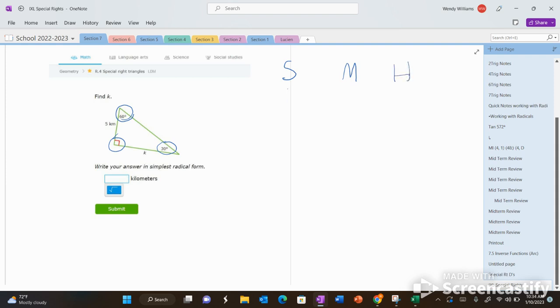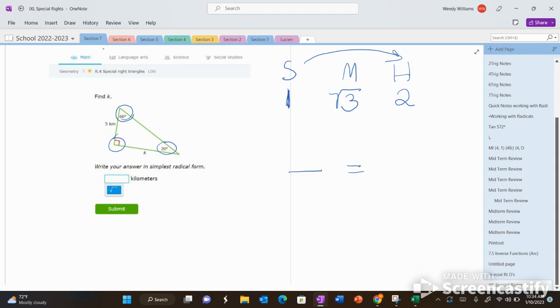The small has a relationship of 1. Medium has a ratio of square root of 3. And the hypotenuse is twice as big as the small. Small to medium is a 1 to square root of 3 ratio. Small to hypotenuse is a 1 to 2 ratio.